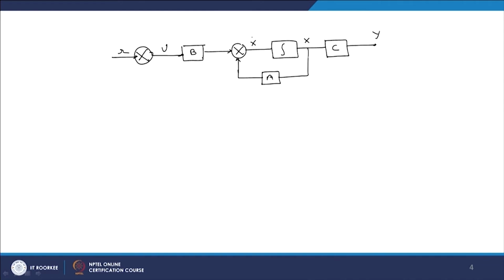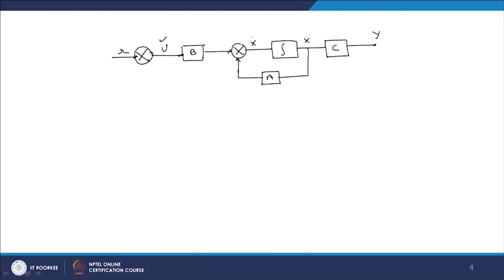Now here this state x has to be estimated, but x we can't know. But what information do we have? We have input u, which we know, and output y is also known. That means whatever estimator or device estimates the state, it depends upon this input u and output y.